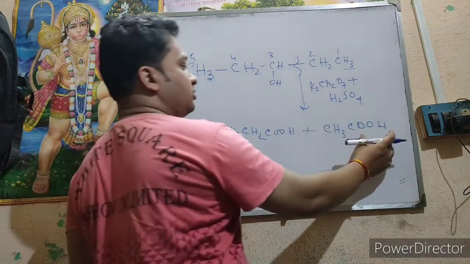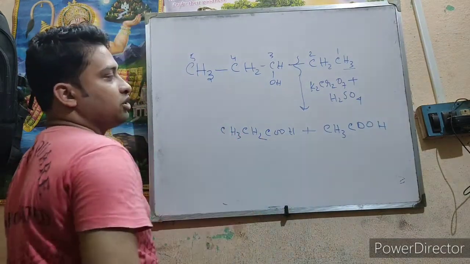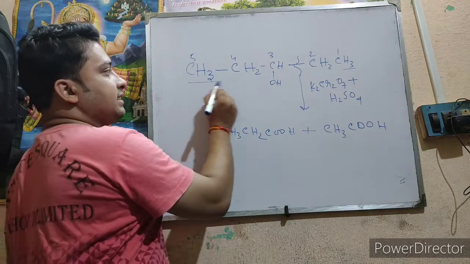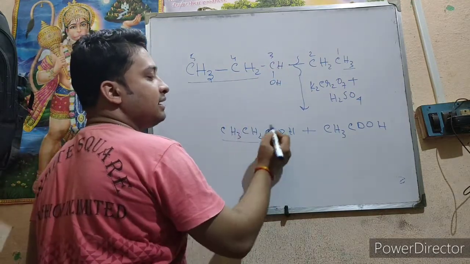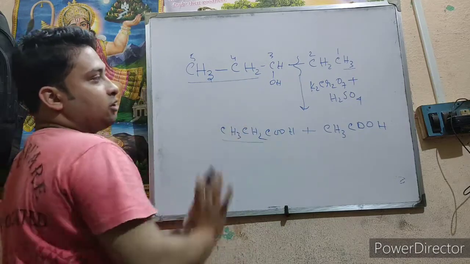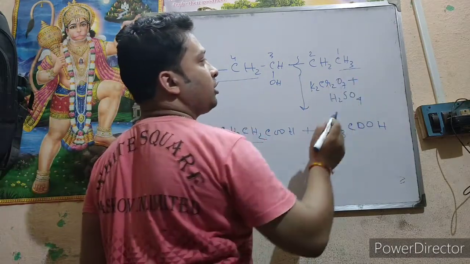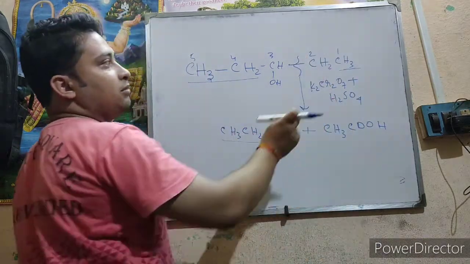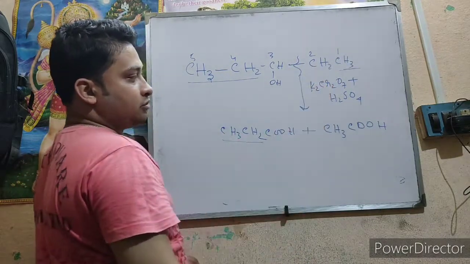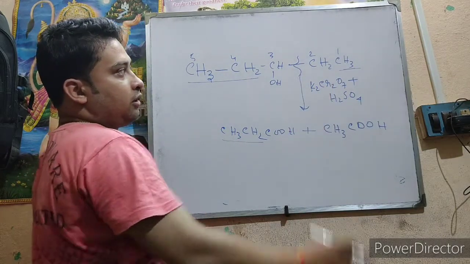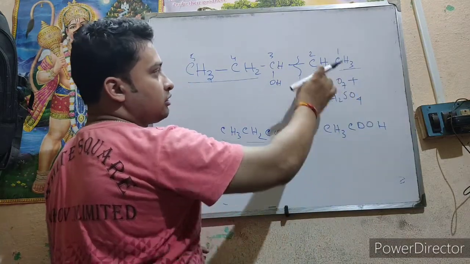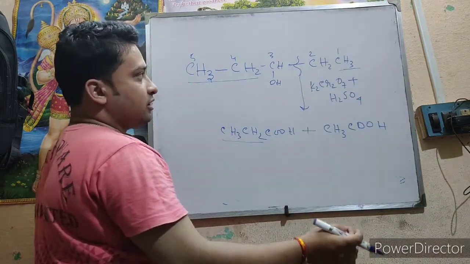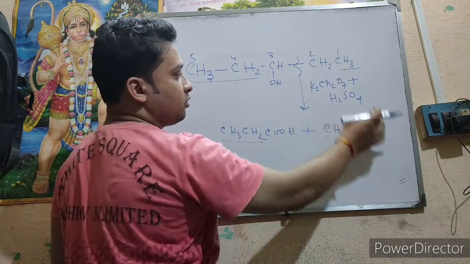So it gives you CH3COOH and CH3CH2COOH. Hope you understand. This is CH3CH2, and this group gives you COOH. So this is COOH, and this is CH3. One CH2 is removed. One carbon should be reduced. So this carbon gives you COOH. Okay, so one hydrogen should be reduced, not carbon, hydrogen.